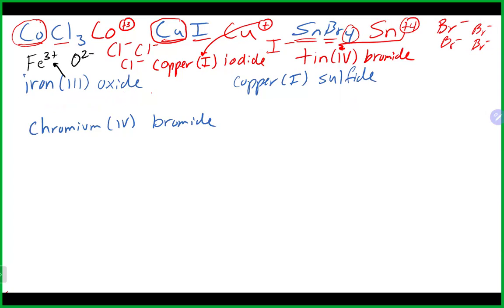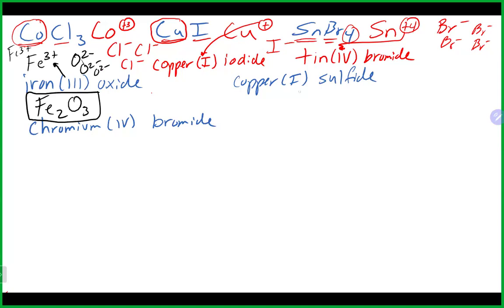So when I put those together, the common number there is 6, right? And to get iron to 6, I would need 2 of them. To get oxygen to 6, I would need a grand total of 3 of them. And we should end up with something that looks like this.